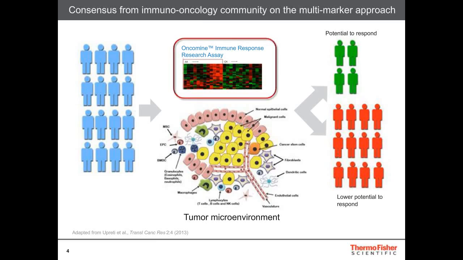The tumor microenvironment, the properties of the tumor microenvironment are known to be extremely important in understanding mechanism of action and in predicting response to any particular therapy or combination of therapies. And we expect that it will not be sufficient to measure just one or a small number of properties of the tumor microenvironment.